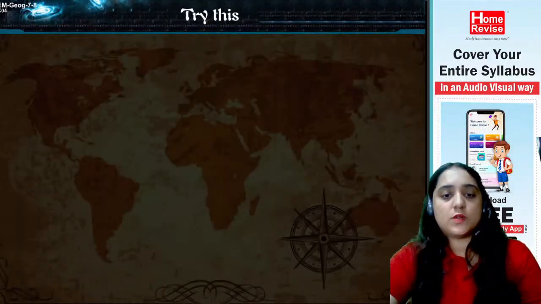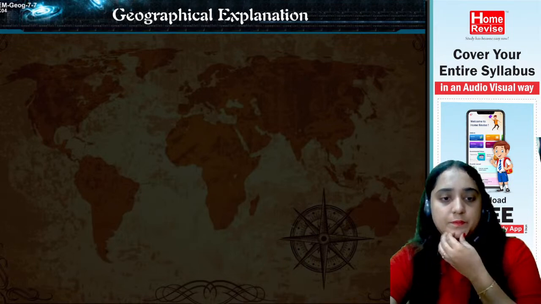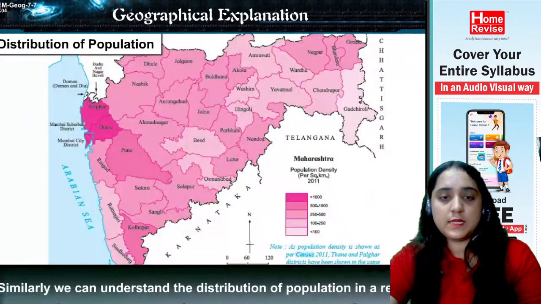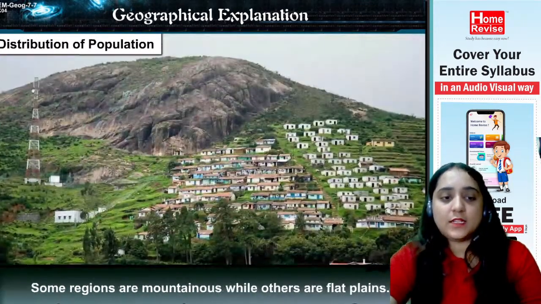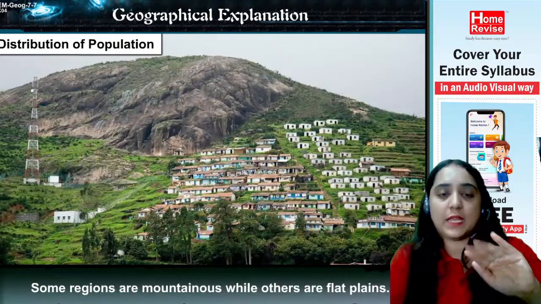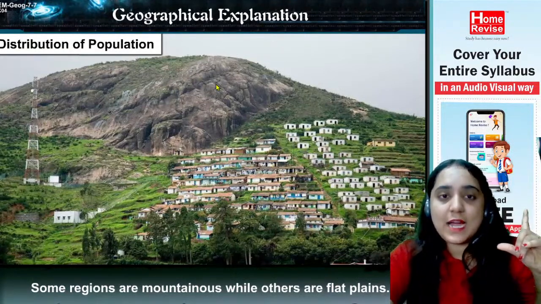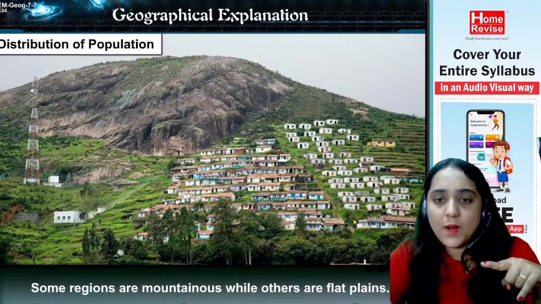Okay, so see what is this? Geographical explanation. Distribution. So as I have told you earlier, some regions, you will never find the whole region as a flat plane. See now, as I have considered this region, you can see that here it is a mountainous part and here it is a totally mountainous part.